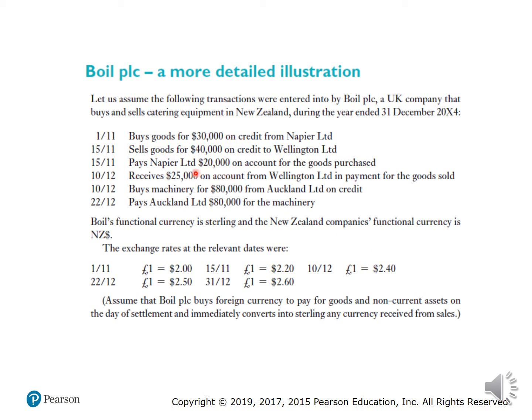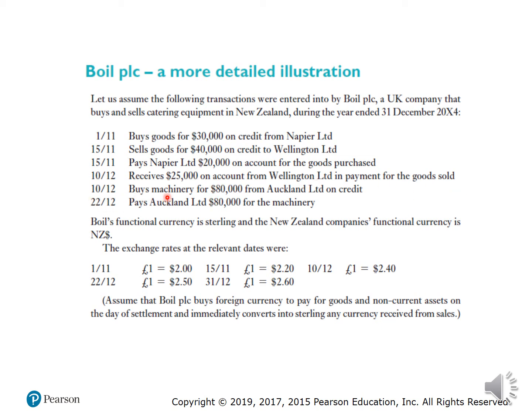Now on 15th of November, they pay 20,000 for the goods purchased. On 10th of December, received 25,000 on account from Wellington Limited. So to Wellington Limited, they sold goods for 40,000. Now they are receiving 25,000 for their goods sold on credit.